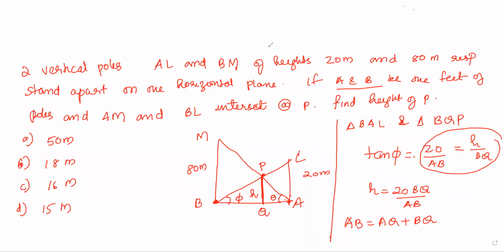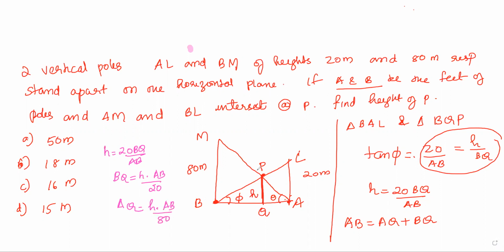See here, I'm writing the remaining part here. I have written H is equal to 20 BQ by AB, isn't it? So from this, I can write BQ as H into AB by 20. Similarly, I can write AQ as H into AB by 80.